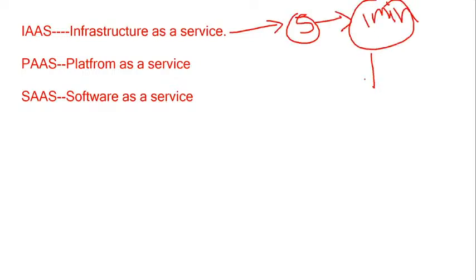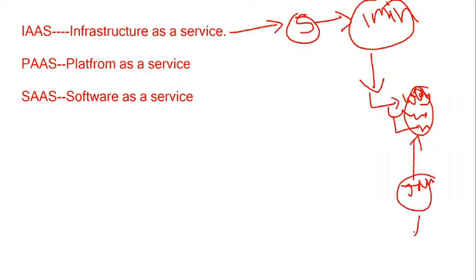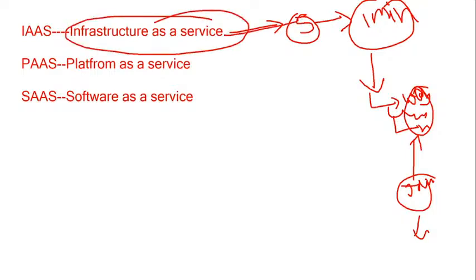Then on top of it, to host the Java application, you have to install web servers like WebLogic, WebSphere, JBoss, or Apache Tomcat, and host your Java application on top of it. That should be managed by yourself. The cloud vendor just provides the virtual machines, and the remaining management is taken care of by yourself. Why? Because the application is yours, so management is yours. That is infrastructure as a service.